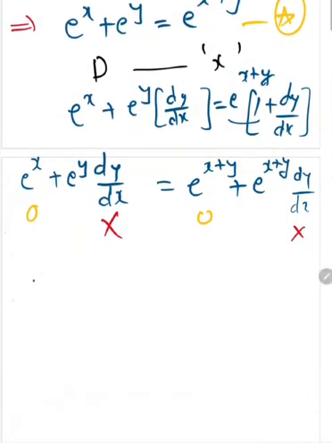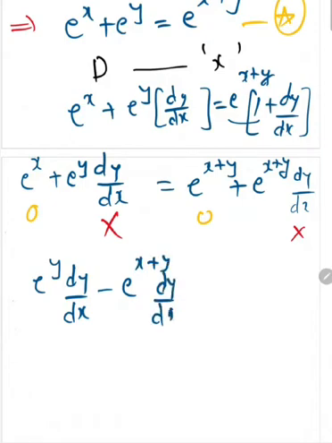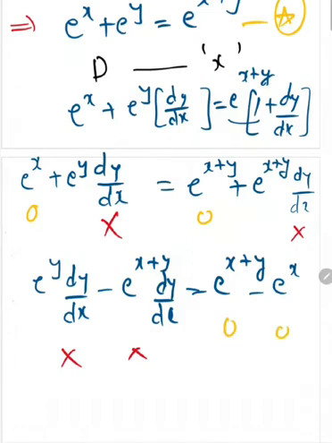I'll keep e power y dy by dx as it is, minus e power x plus y dy by dx. So the two places which are marked x, I am taking them to the left hand side. Now in RHS, I'll have e power x plus y and I'll take e power x also to the other side. So the two places which are marked 0, I club them together.